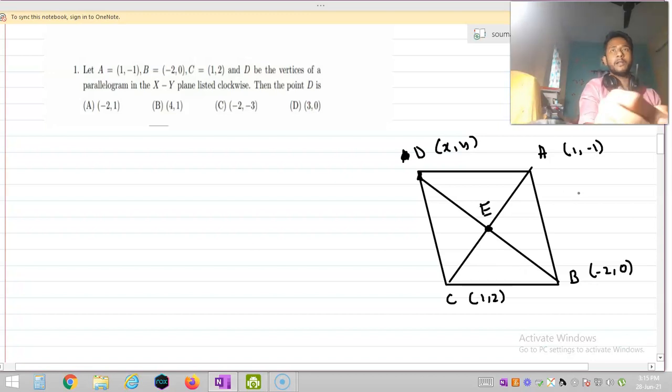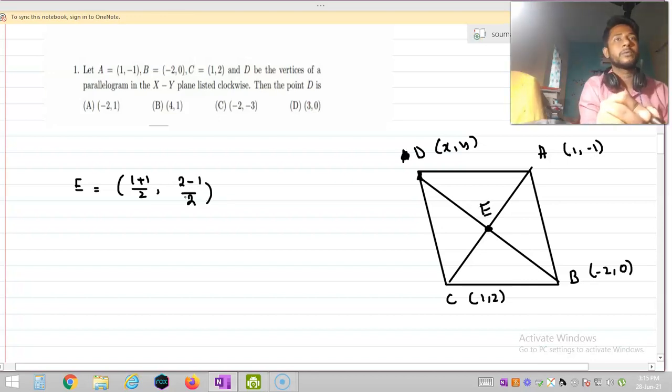I know the coordinates of A and C, so from this I can find the coordinate of E as ((1 + 1)/2, (2 - 1)/2).